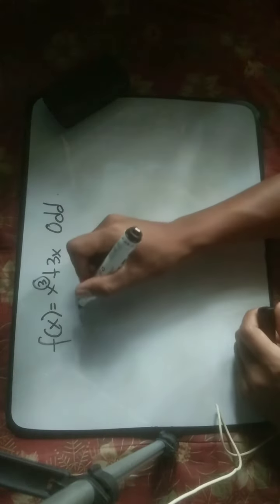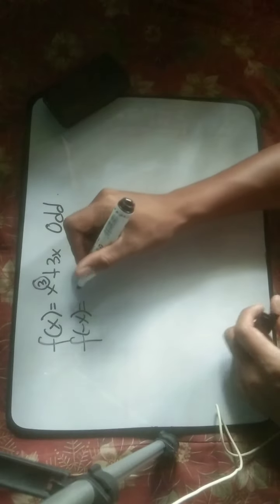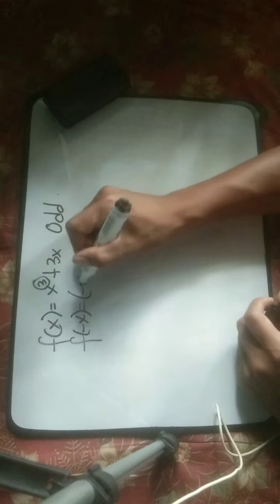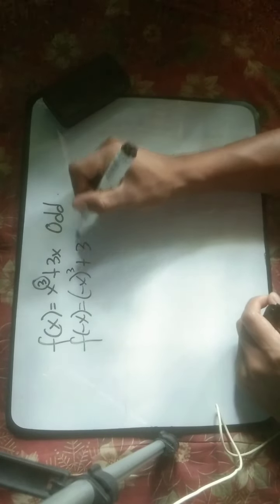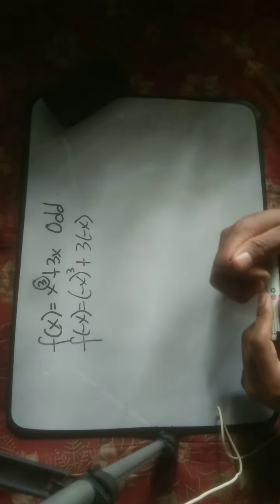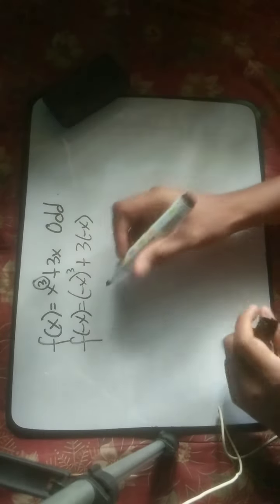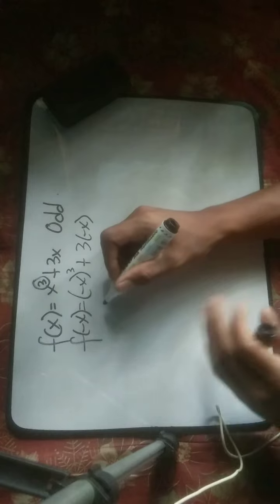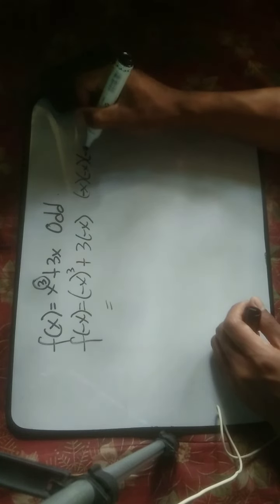But let's try to plug negative x into the function. So negative x raised to the power 3 plus 3 times negative x. Any number raised to the power of an odd number keeps its negative sign. It looks like this: negative times negative x times negative.